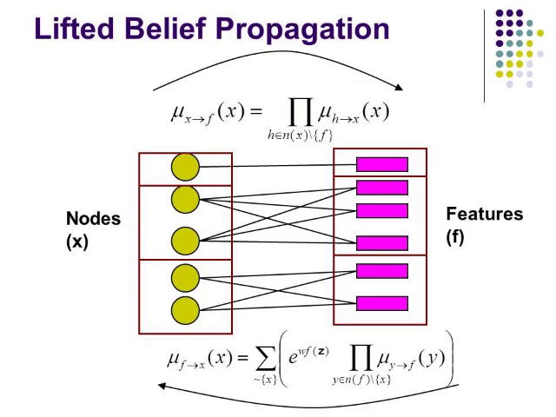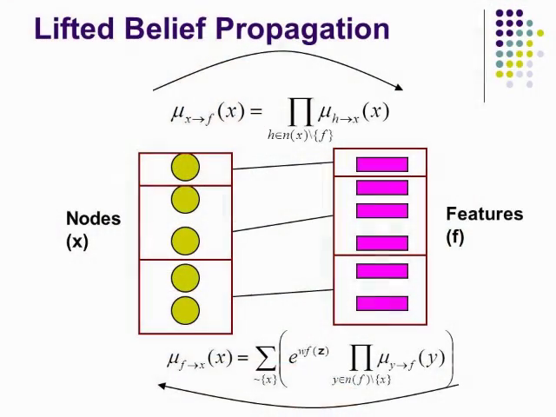This is the same graph that I constructed on the previous slide. Now if I could identify nodes and features on one side of the graph which are connected in exactly the same way to the nodes and features on the other side, and of course there is a formal notion of what it means to be connected in exactly the same way.